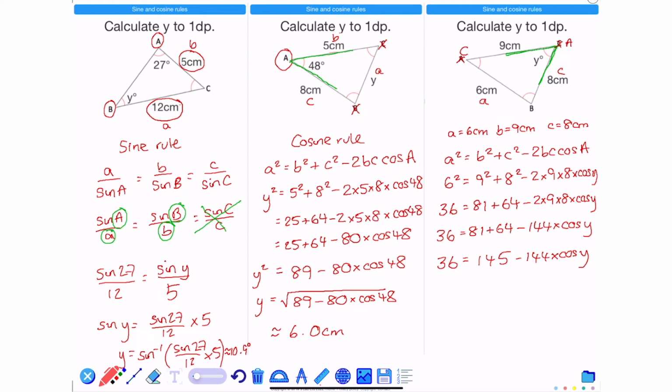Subtracting 145 from both sides gives me negative 109 is equal to negative 144 times the cosine of y.